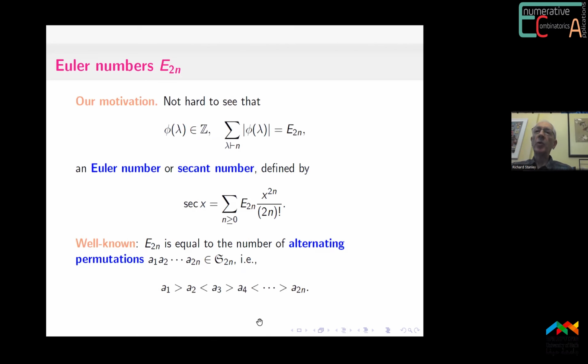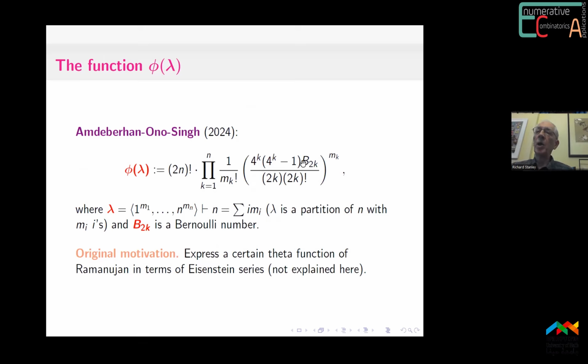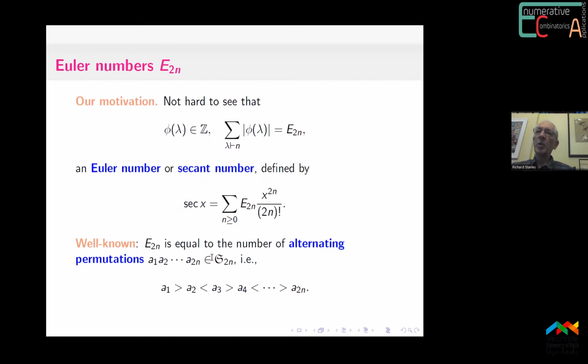The combinatorial motivation is that they could show that these numbers phi lambda were integers, and the sum of their absolute values was the Euler number E_2n. I should say the sign of phi lambda is easy to determine from the known sign of the Bernoulli numbers. So the sum of their absolute values was E_2n, the coefficients of the Taylor series expansion of secant x.